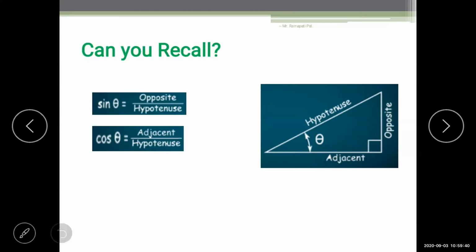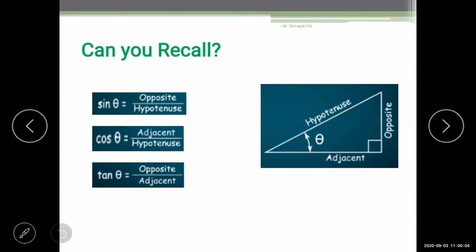Okay, next we will see what is tan theta. Tan theta is equal to opposite side upon adjacent, or we can say sin theta upon cos theta. So tan theta is equal to opposite upon adjacent.